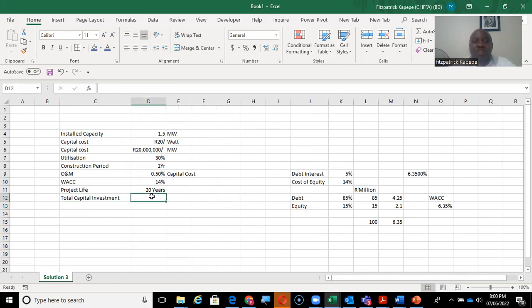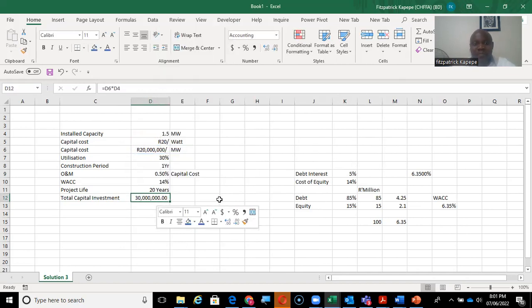So we have been told that it's 20 million rands per megawatt. So meaning that you are going to have 20 million times 15, which will give you 30 million rands.